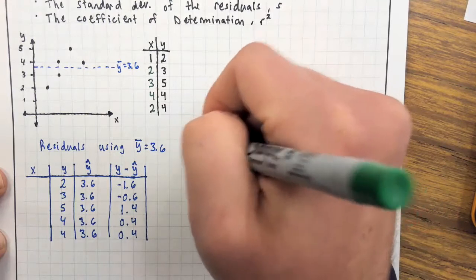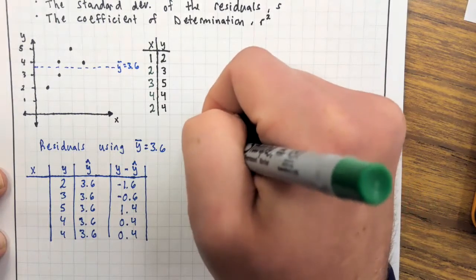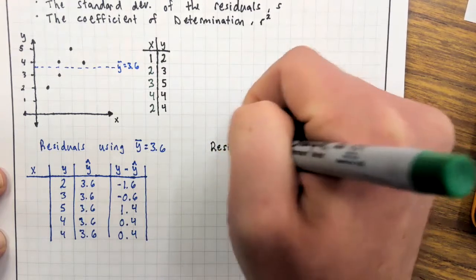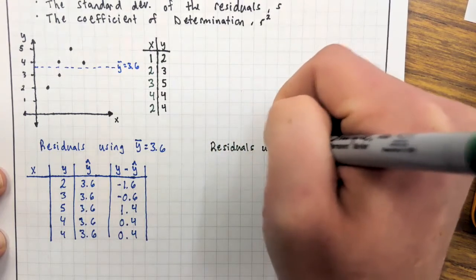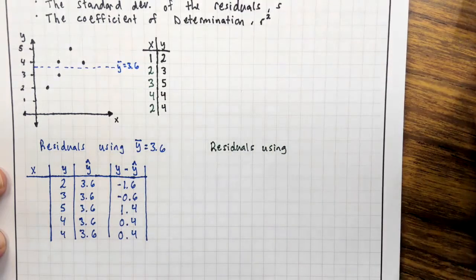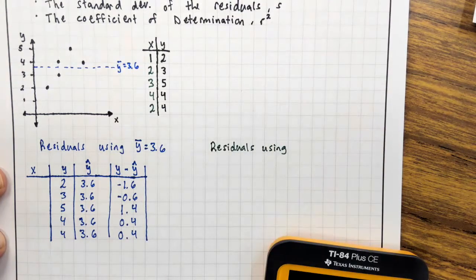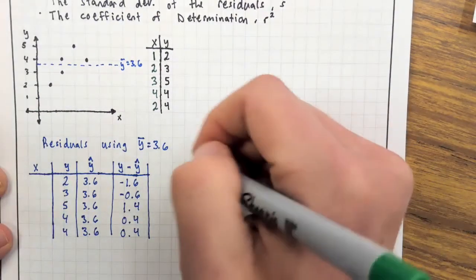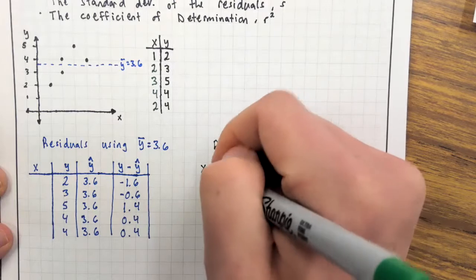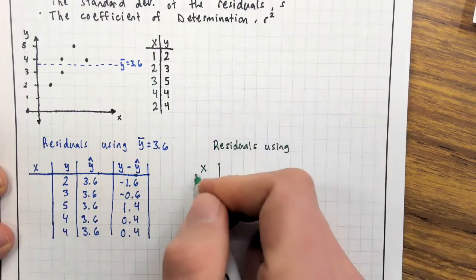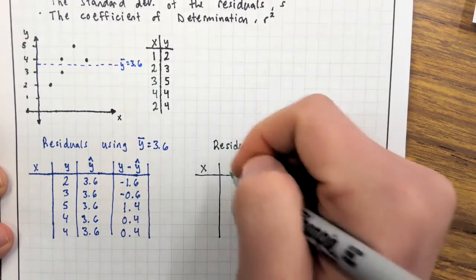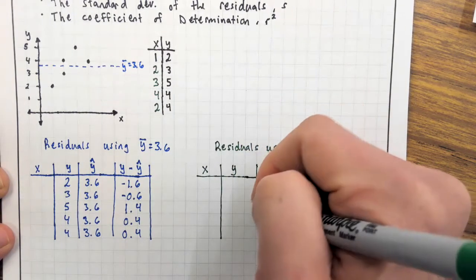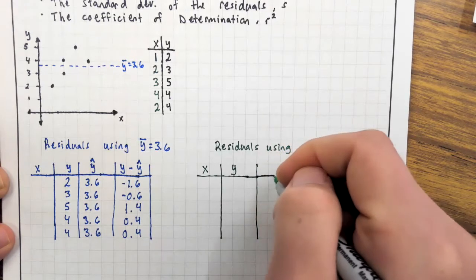So I'll make another column over here. Residuals using another table. I should probably set up the table. All right, so we've got x values, we've got the actual y values. We're going to need to find the predicted y values.